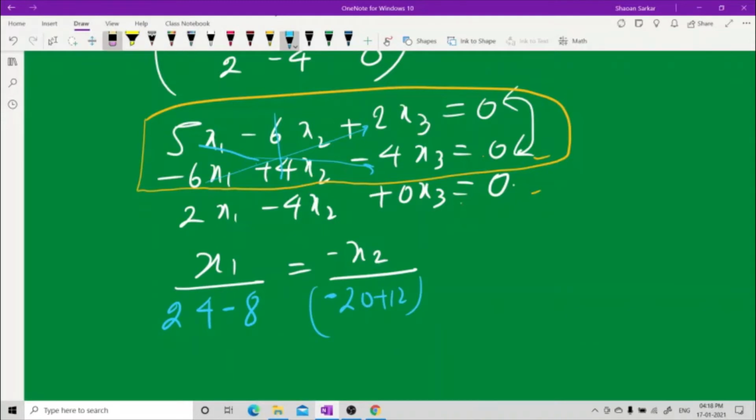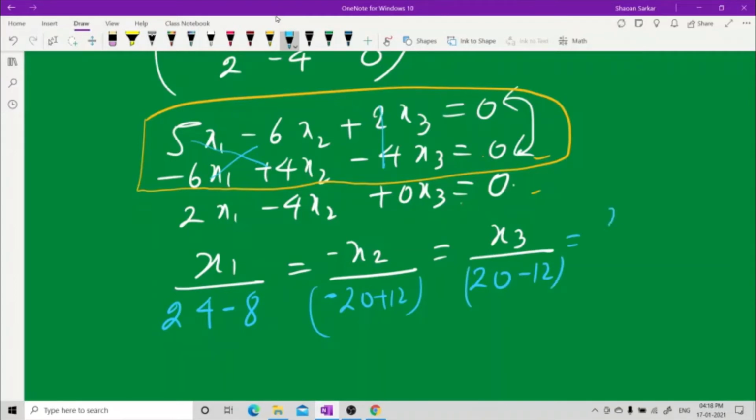Now let me rub this line and this line. Now you will hide this. This is now x3. Now you have to cross multiply these two. So what you get is 20 minus 12 again.